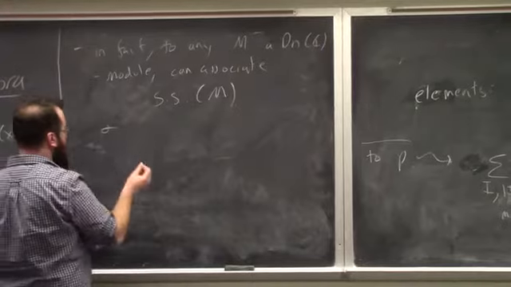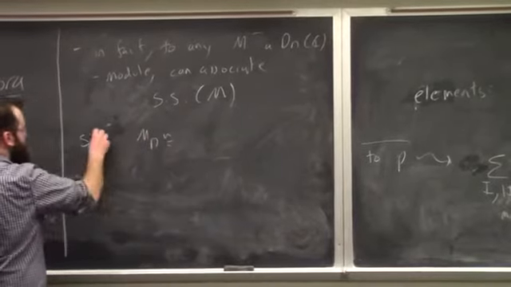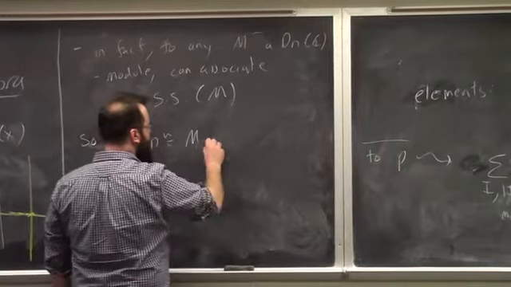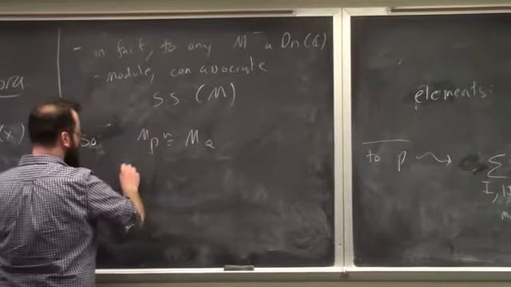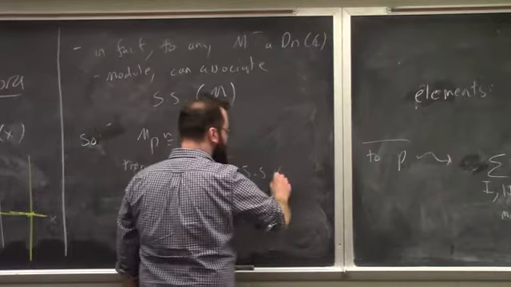So in other words, if I have MP isomorphic to MQ from before, then in particular the singular support of P is equal to the singular support of Q.